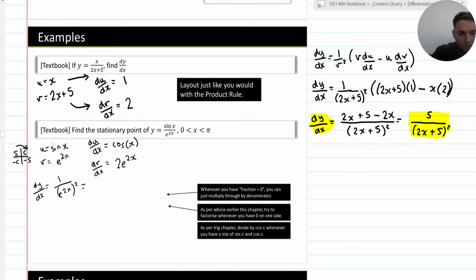Haven't finished there yet, because I now need to sub all this in. So dy by dx is equal to 1 over v squared. This is going to be 1 over e to the 2x all squared, which is equal to, oops, not equal to, my fault. e to the 2x times by, let's move that down a little bit.